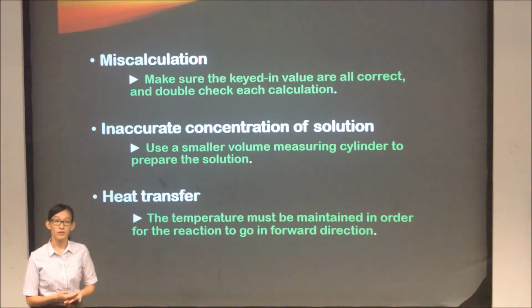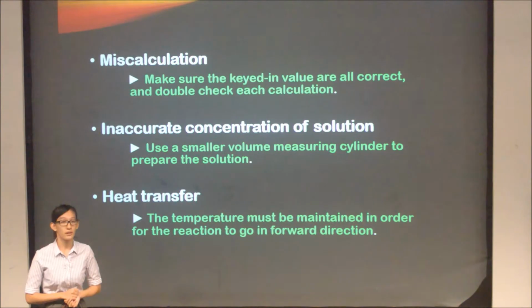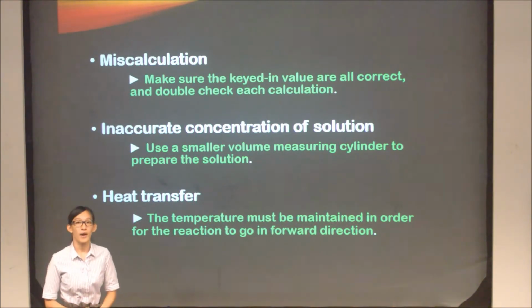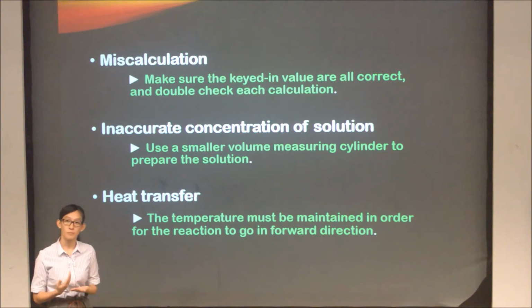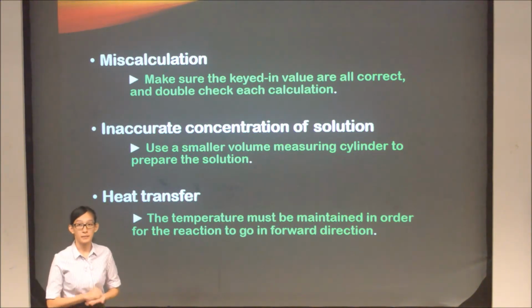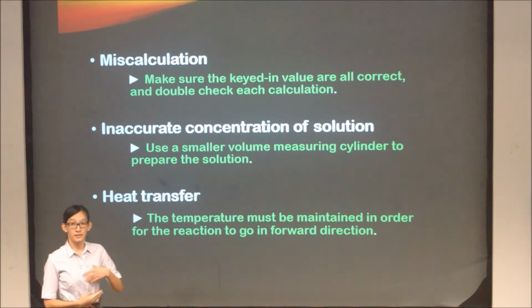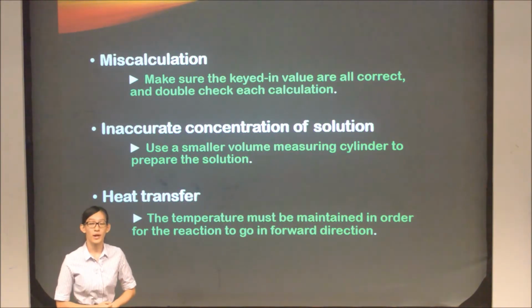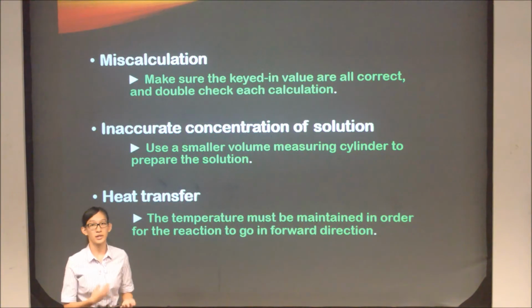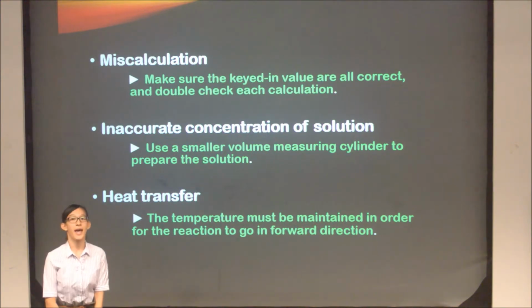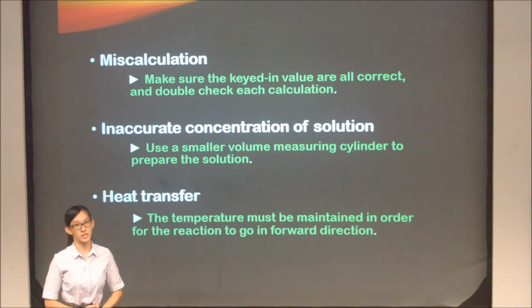The data we collected consists of a lot of numerical values, so this might increase the probability of miscalculation, because we might key in a wrong value during the calculation and this will give us a wrong result. To avoid it, we must make sure that all the values keyed in are correct and double check each calculation.